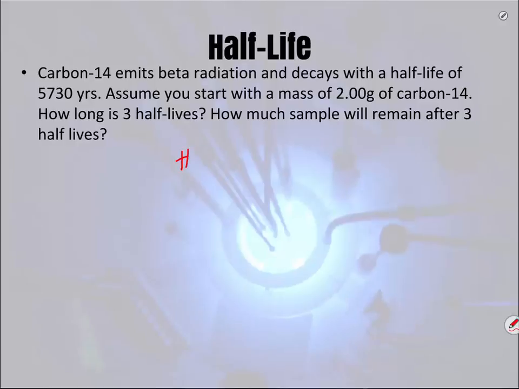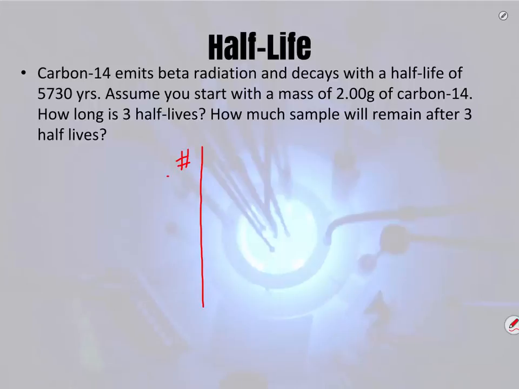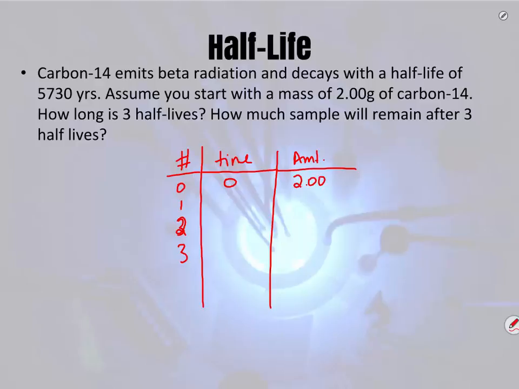The number of half-lives: I need to get to 3 half-lives for this example. How much time has gone by is my second column, and I'm always going to start with time 0. And then the amount of my sample is the last column. I'm starting with 2 grams.